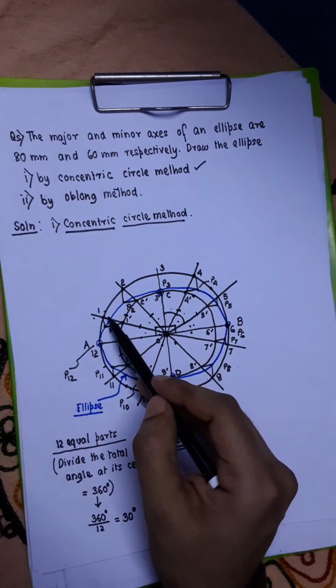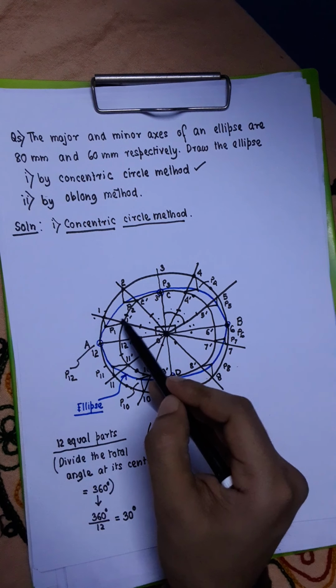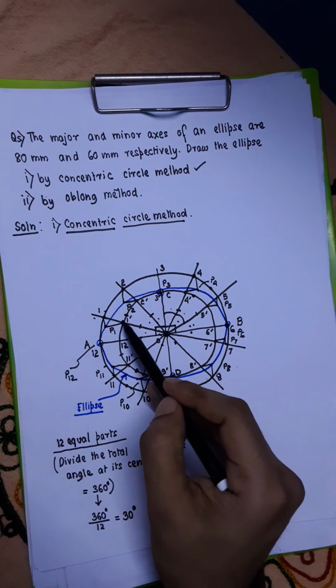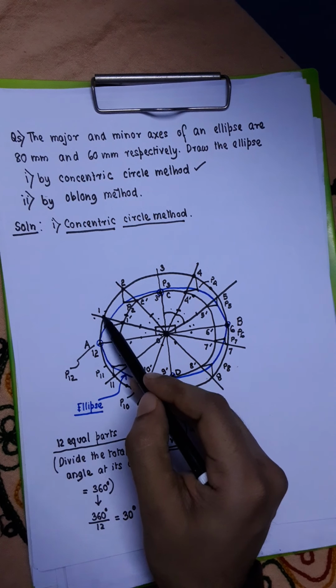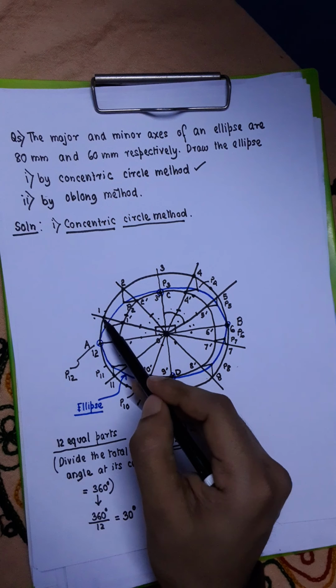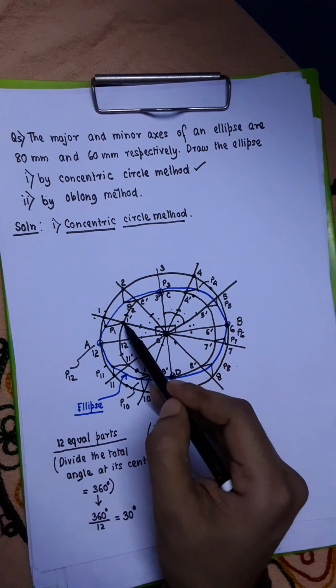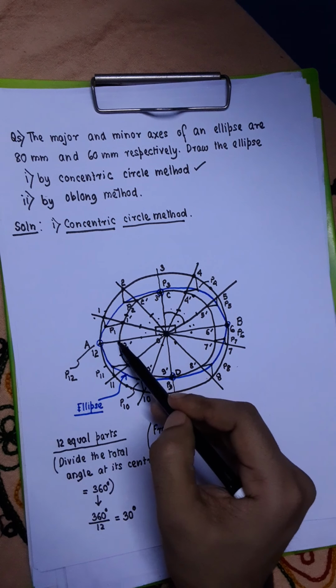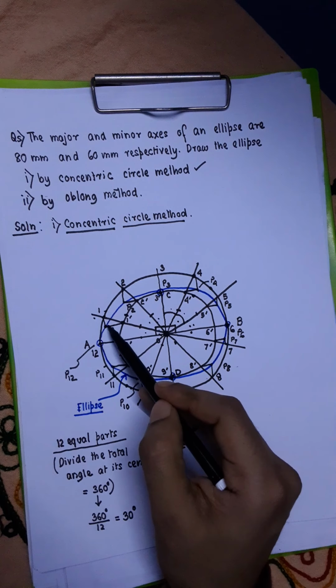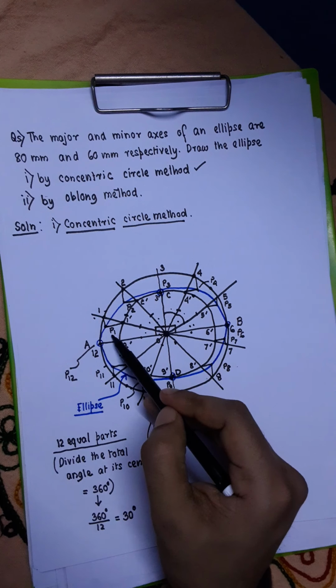Then we took 1 and 1 dash. Out of these 2 points, from the point lying on the major axis circle, a line was drawn parallel to the minor axis. And from the other point lying on the minor axis circle, a line was drawn parallel to the major axis. The point where those two lines intersect was called P1.